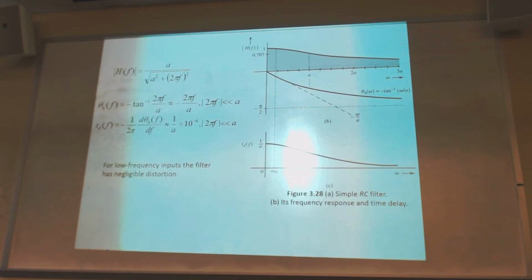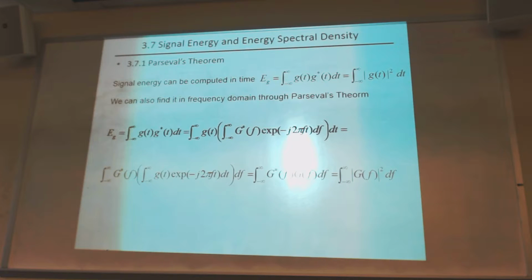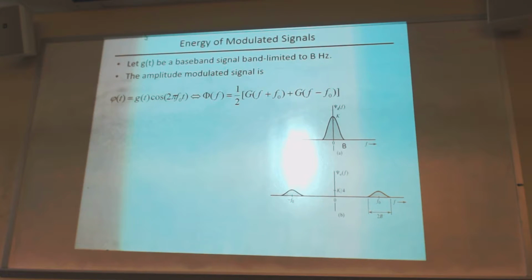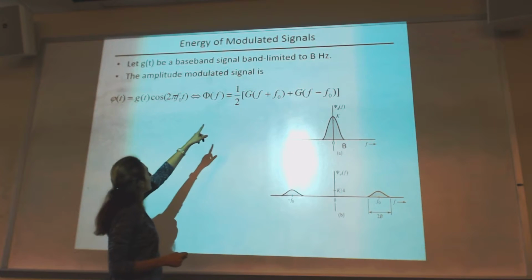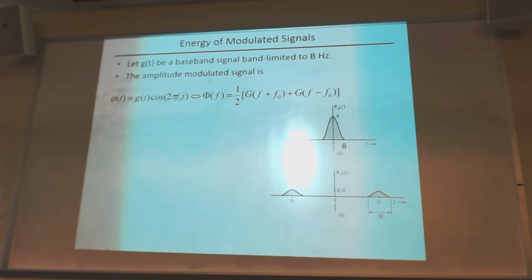So now let's see after doing amplitude modulation, how does the energy of the signal change. Okay, so let's call this p(t), g times cosine. Take a Fourier transform, as again you know, the Fourier transform of p is G(f plus f naught) plus G(f minus f naught), divided by 2. This is the Fourier transform of the modulated signal. Now I want to look at the energy. For that, let's look at first of all the energy spectral density.